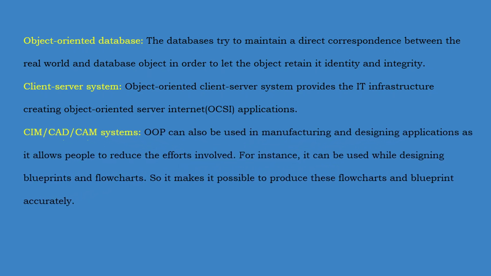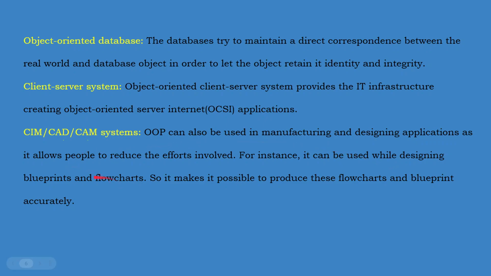Next are CIM, CAD and CAM. That is the Common Information Model, CIM, and then Computer Aided Design and Computer Aided Management systems. OOP can also be used in manufacturing and designing applications as it allows people to reduce the efforts involved. For instance, it can be used while designing blueprints and flowcharts.